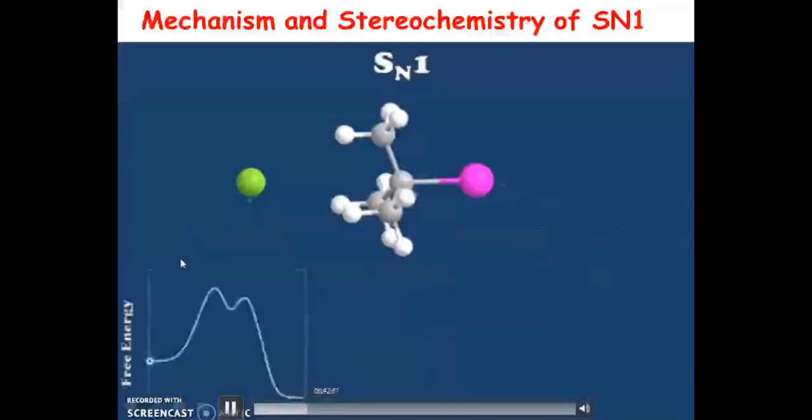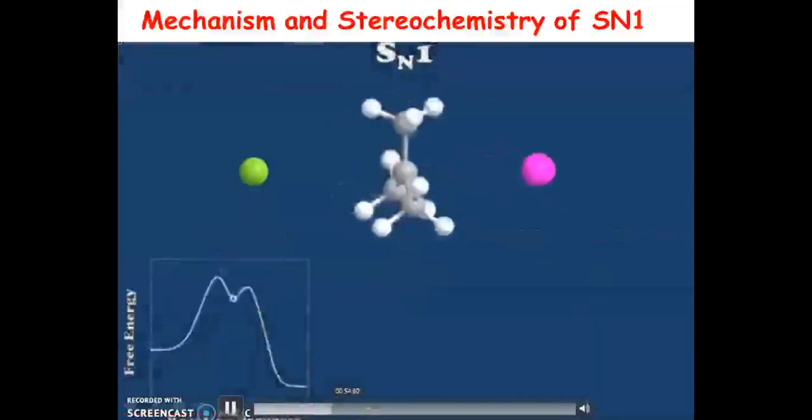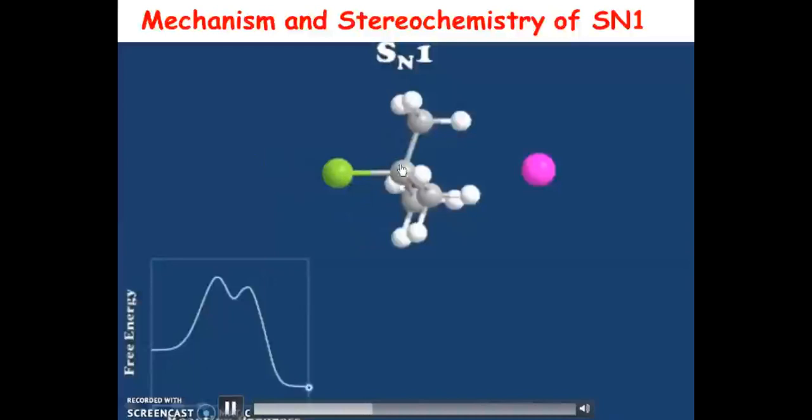What happens over here? The energy goes on increasing, the first transition state, and then here you can see the intermediate is formed. Now this is your nucleophile, this is your leaving group. No one is bonded to this carbon. The carbon is trivalent and therefore it is planar. Now your nucleophile has come and formed a bond from the opposite side of the leaving group.